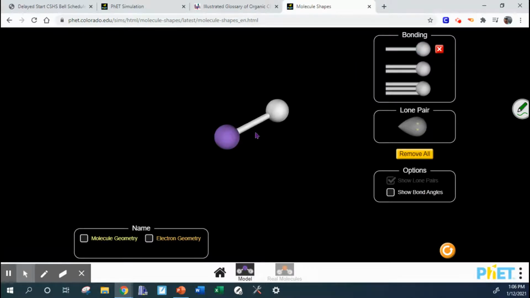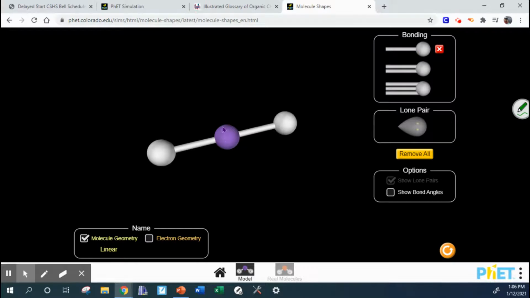If I have a compound that has just two atoms in it, it doesn't matter what I have, it's going to be a linear molecule, so my molecular geometry is linear. It depends on what these two atoms are. If I have a hydrogen with a hydrogen, then it's going to be a nonpolar molecule, but if I have a hydrogen with something that is a polar bond, then it makes the molecule polar.